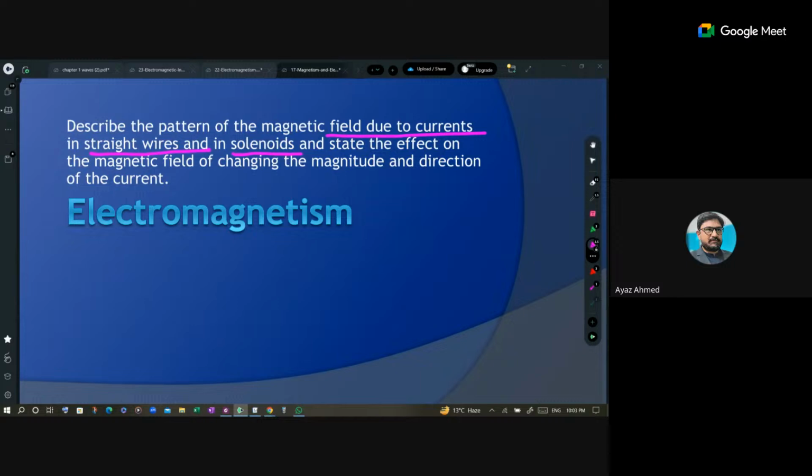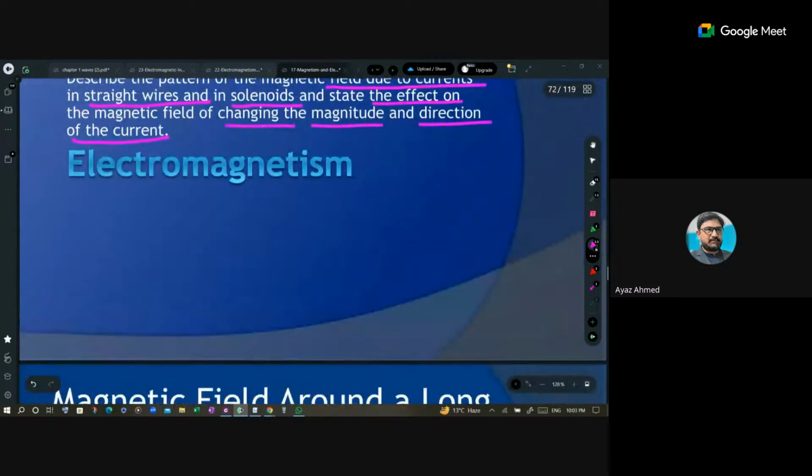Then we have to consider a solenoid, right? And then changing the magnetic field direction and current in that. So this is actually the beginning of electromagnetism. Electromagnetism is to prepare a magnet with electricity and wires.